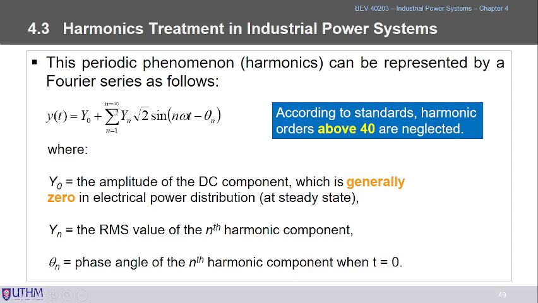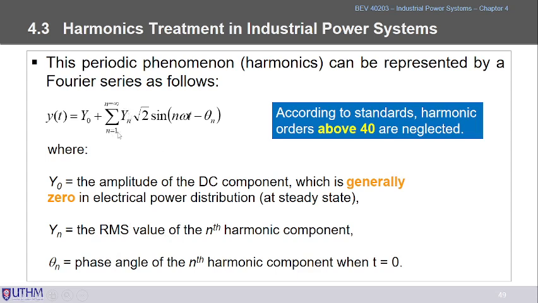Y_n is the RMS value for either voltage or current. Bear in mind, it is always an RMS value for the harmonic content as well as the fundamental.